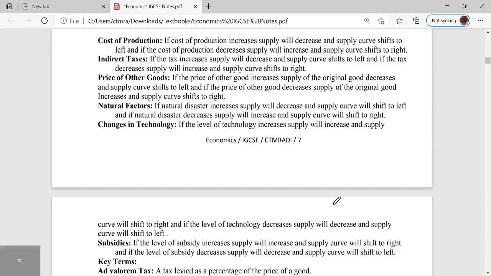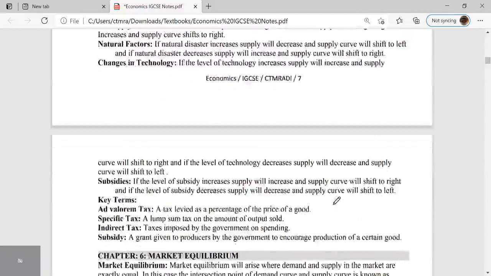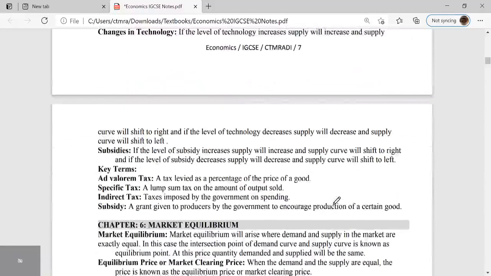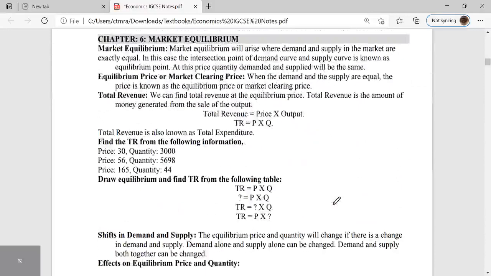Rising technology will increase the production speed, so there will be a rightward shift in supply. Then we have subsidies, which are like a grant or aid from the government. When there is a rise in subsidies, there will be a rise in supply as well, because your cost is falling.